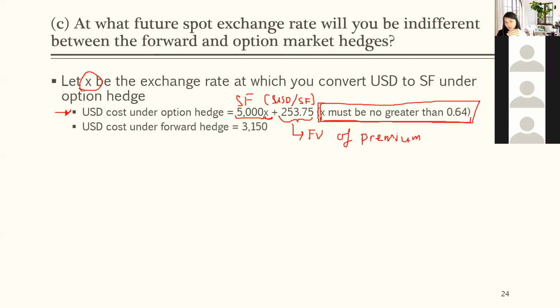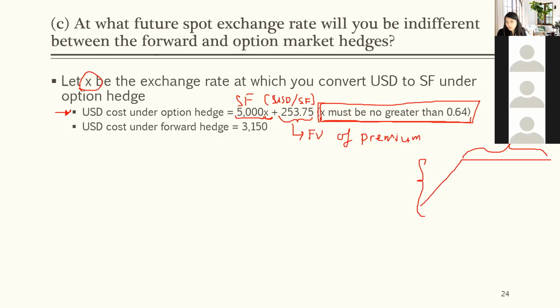So by using an option contract, your USD cost will look like this. On the upside, when the exchange rate becomes very high and the Swiss franc appreciates, the option locks in the maximum cost that you're going to have to pay. At the same time, it leaves room for the potential of a lower Swiss franc cost.